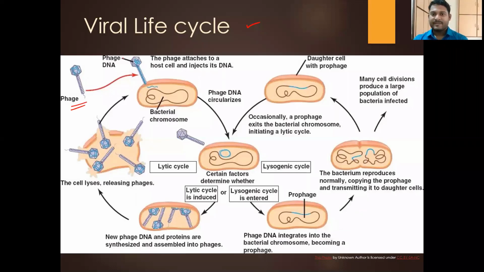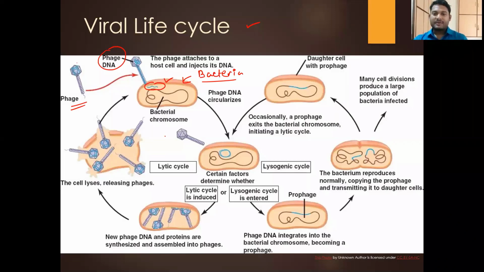We have a phage, and this phage DNA is going to attach to the host cell, right? Because it is a bacteriophage, this is going to be a bacterium. The bacterium can be, let's say, E. coli for simplicity. On the surface of the bacterium, the phage DNA comes and attaches, and it releases the DNA, or the genetic material.